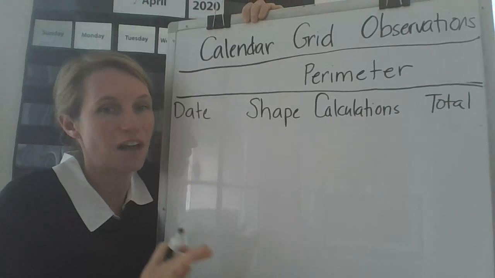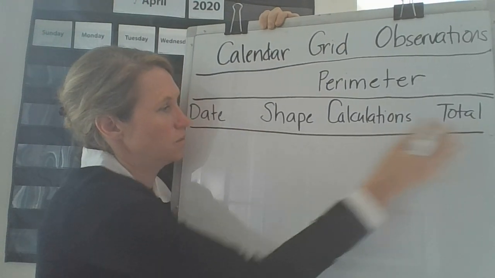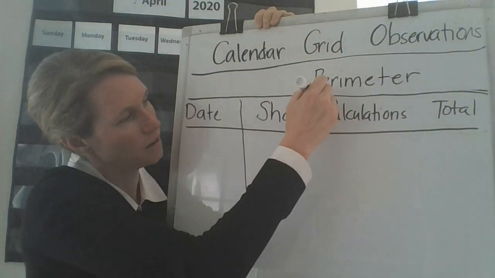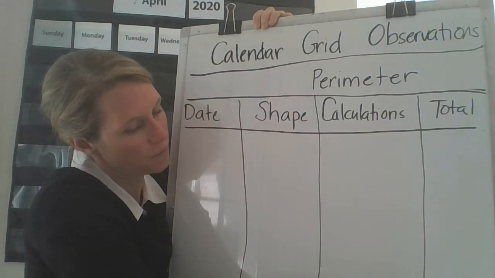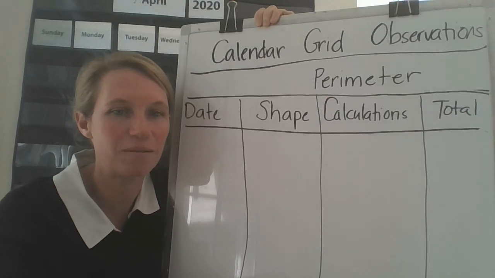Next, our final thing we're going to do is underline and then make our columns. We've underlined it here. And then we've made our columns. See, not so bad. All right, we ready for the next step?